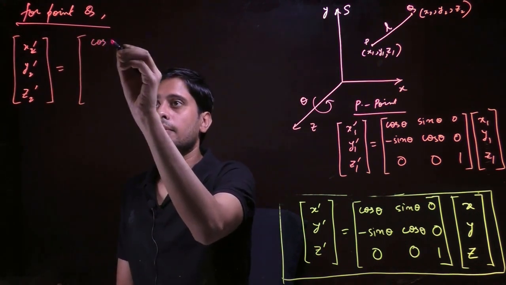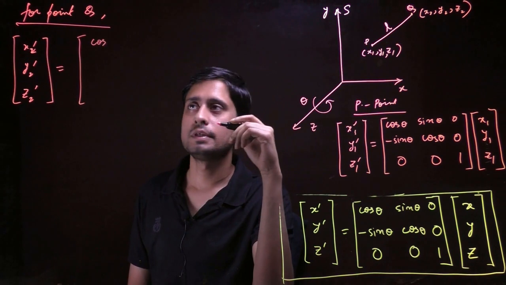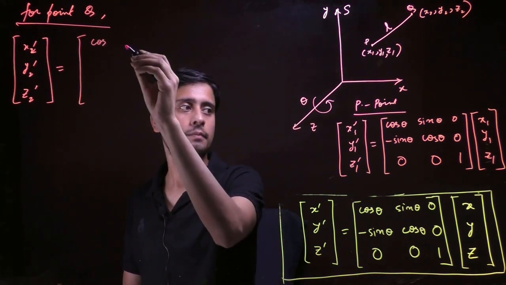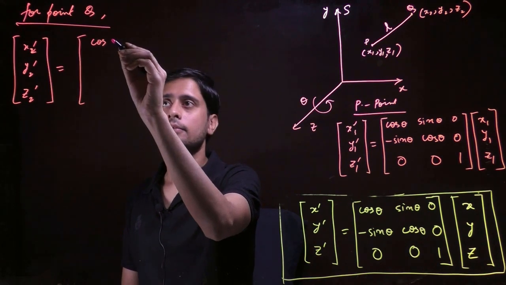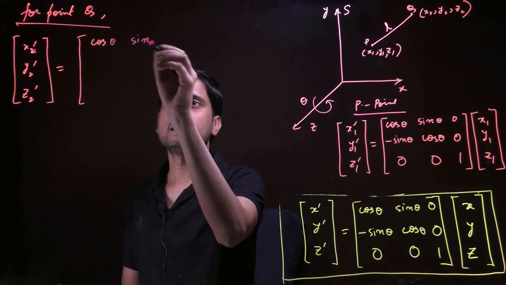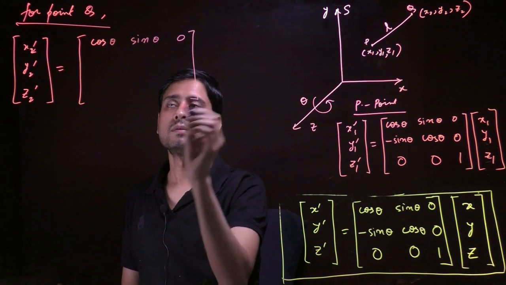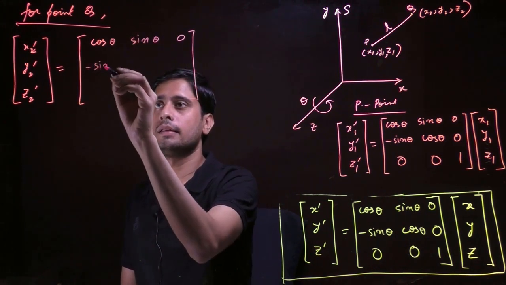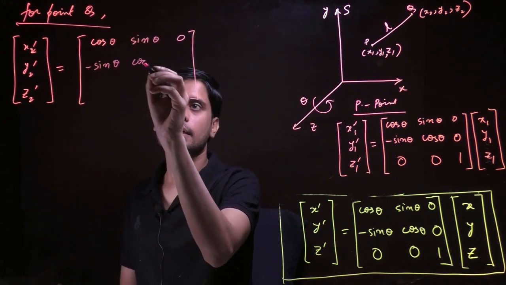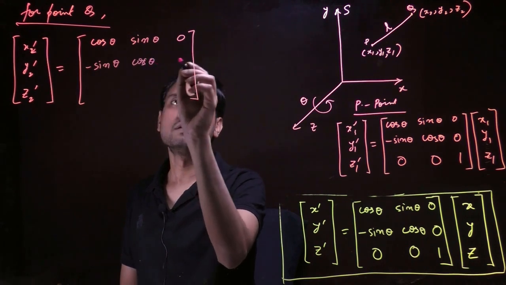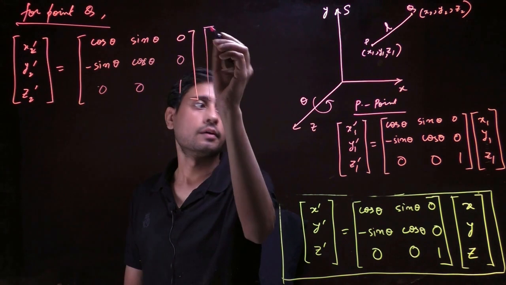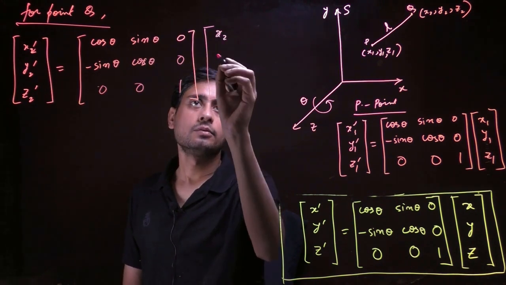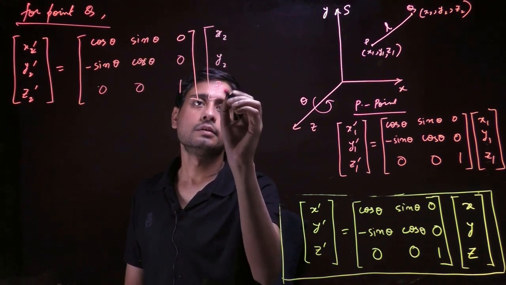The angle will be the same because it doesn't depend on the point, it depends on how you are rotating the coordinate axes. So this is cos theta, sin theta, 0, then minus sin theta, cos theta, 0, 0, 0, 1, and then x2, y2 and z2.